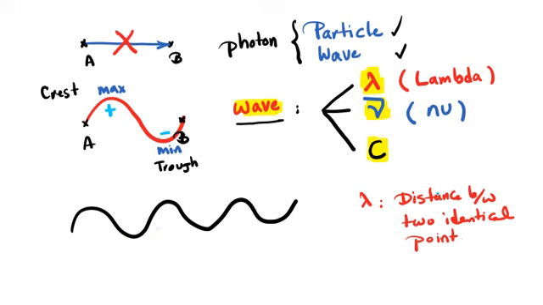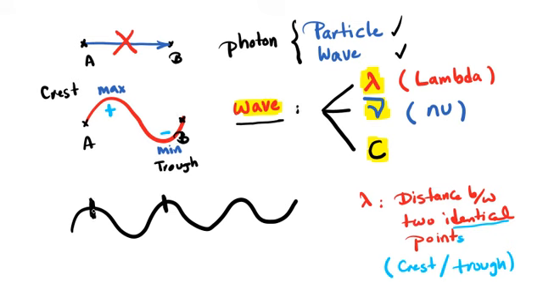So I'm going to say the distance between two identical points. Assume that we are talking about only two crests or only two troughs. It's up to our study. You say this is a crest, and another crest is here.